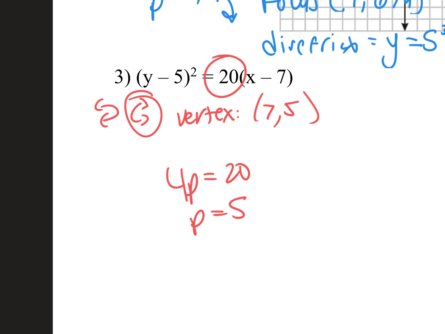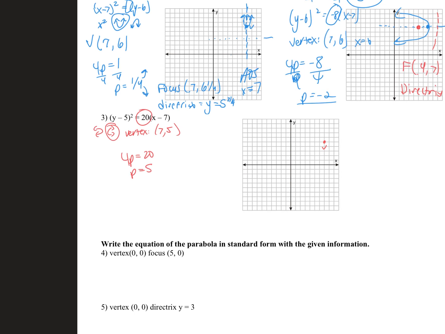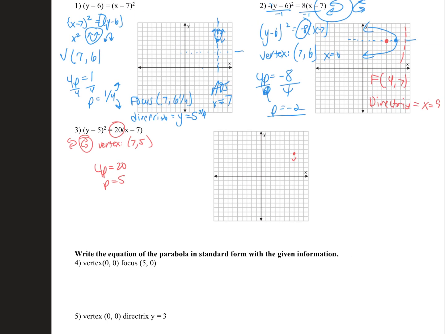So that means when I have my vertex at 7, 5, counting 1, 2, 3, 4, 5, 6, 7 over and 1, 2, 3, 4, 5 up, here's my vertex. Since I know I'm opening to the right, if I go over 5, that's going to be my focus, and my directrix is going to be 5 the other way, right here.